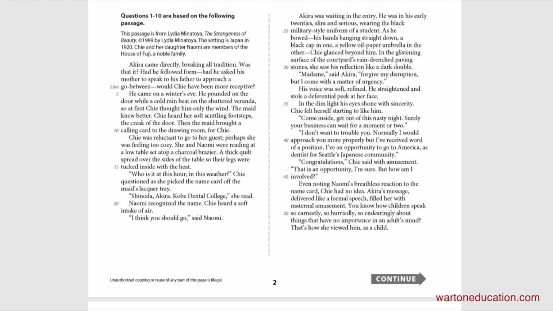But he had instead spoken to Chie himself. This means directly is something like face-to-face. So that's our rough answer. Directly means something related to face-to-face or without any sort of blockage in between him and Chie.